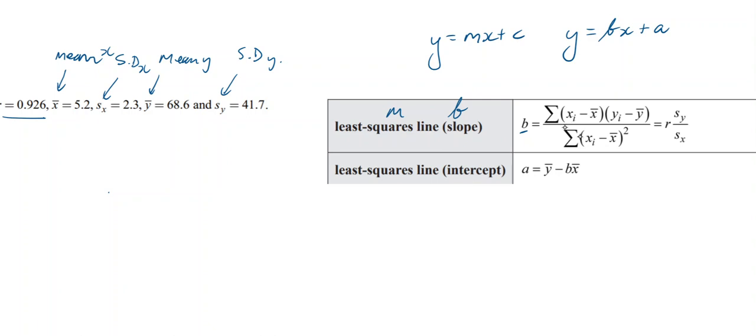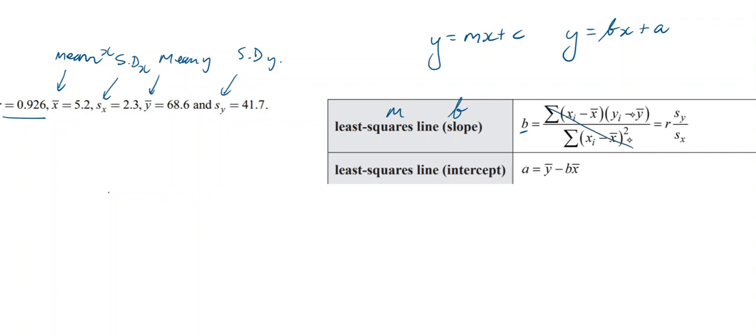Now we could work it out by using each individual x value minus its mean, multiplied by each individual y minus its mean, all summed together for each data point, all over the sum of each individual x value minus the mean, all getting squared.